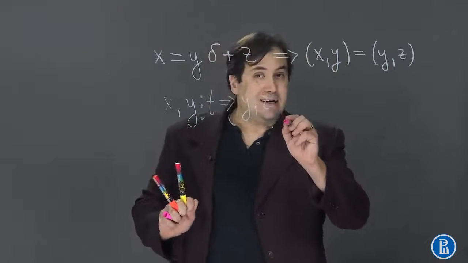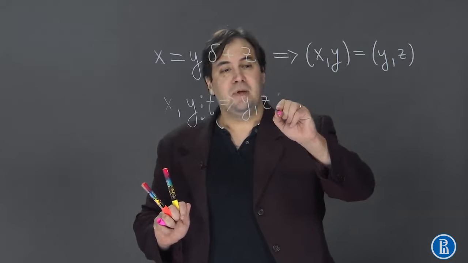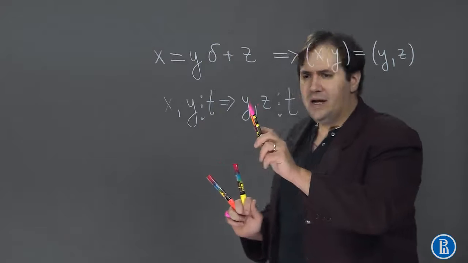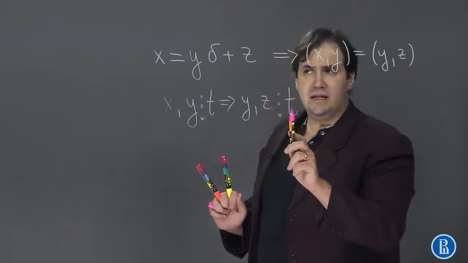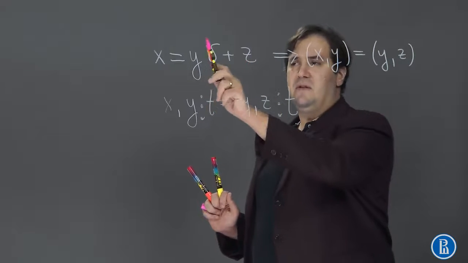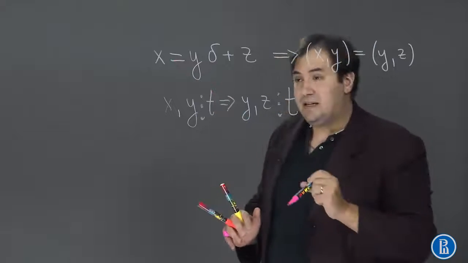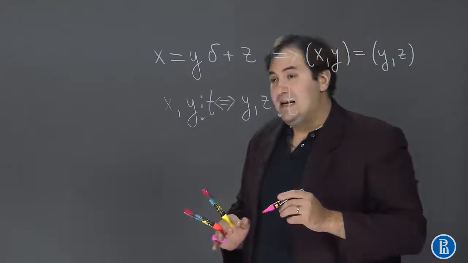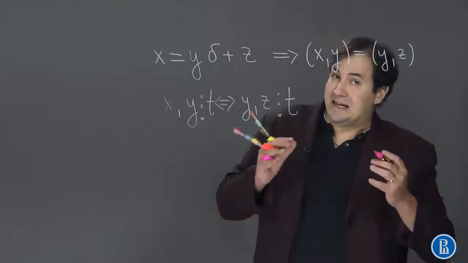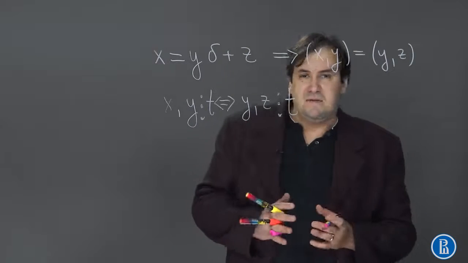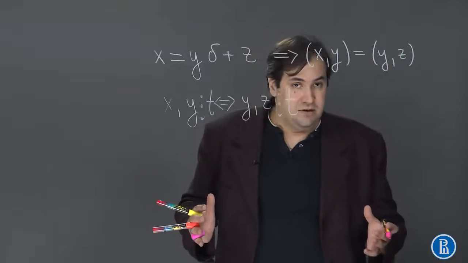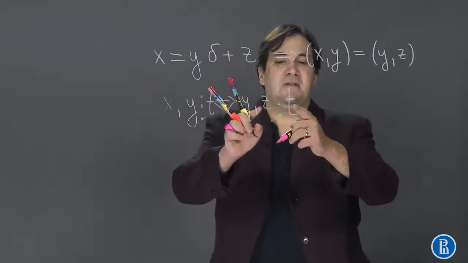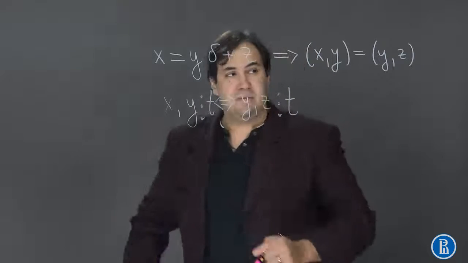So y and z are both divisible by t. At the same time, if y and z are both divisible by t, then x is also divisible by t. This means that these two pairs of elements have not only equal greatest common divisors, they simply have equal sets of common divisors. So any common divisor of this pair is immediately a common divisor of the other pair and the other way around.